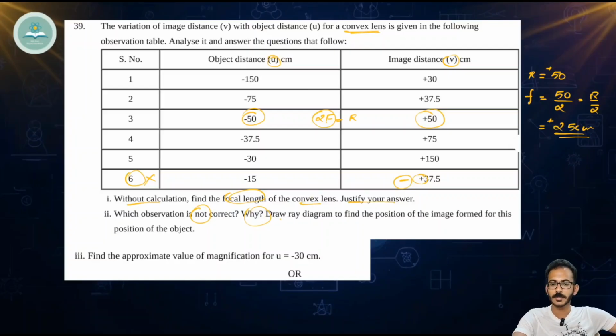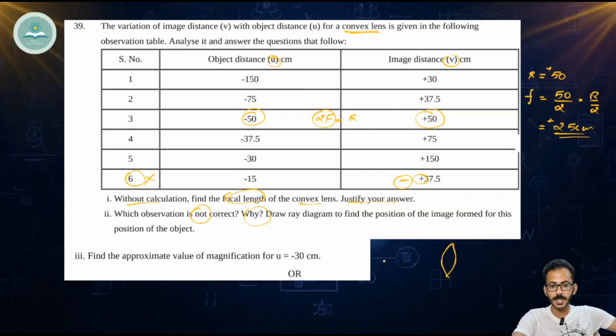Now, last one is, draw a ray diagram to find the position of the image formed for this position of the object. The position is last position, this position. Let's do that one. In a previous question, we already did that, but still we'll do it once again. So it's a convex lens.